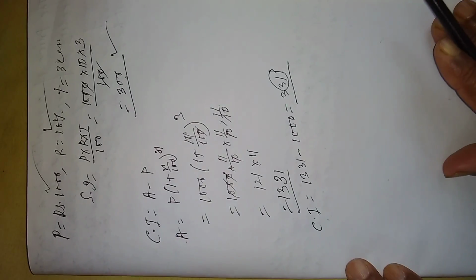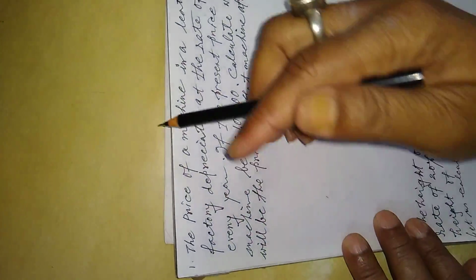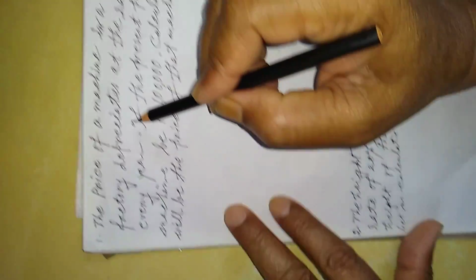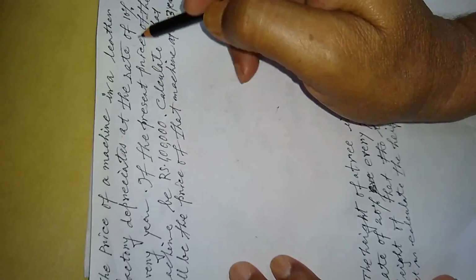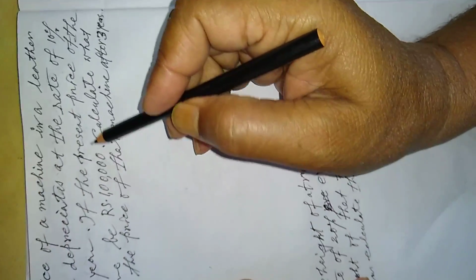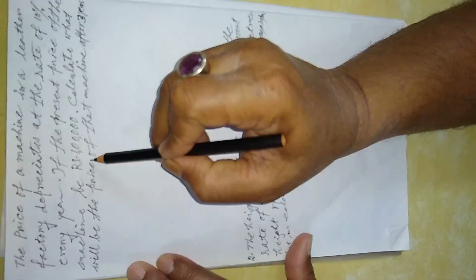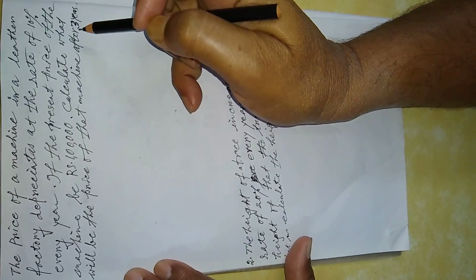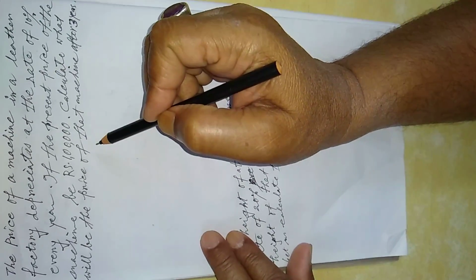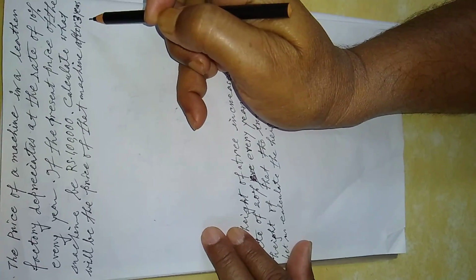So the first sum. The price of a machine in a leather factory depreciates at the rate of 10% every year. If the present price of the machine is 1 lakh, calculate what will be the price of that machine after 3 years.